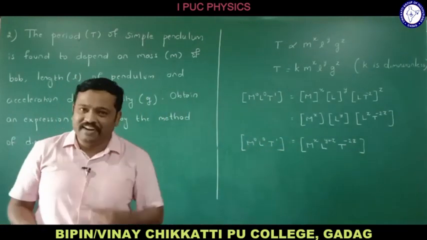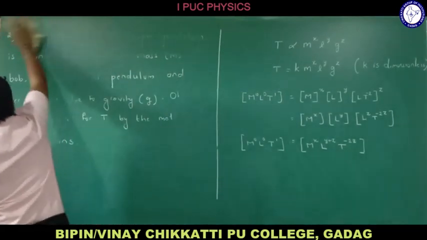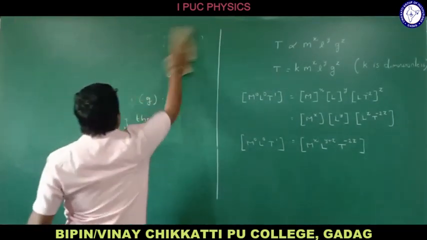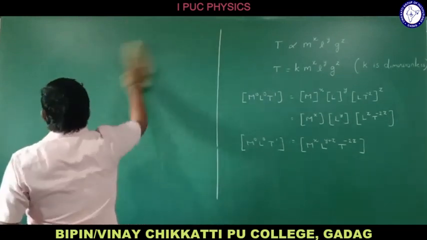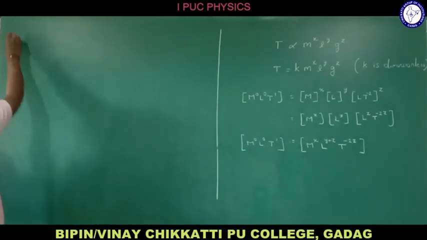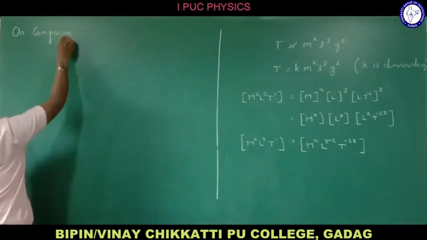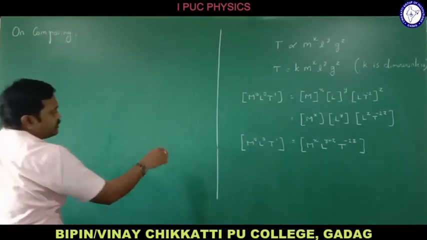So we will be equating here, right? On comparing, let me go with comparison here, right? Next, we will be comparing the powers of m, l and t here, right? So let me write here, on comparing, what is x equal to?